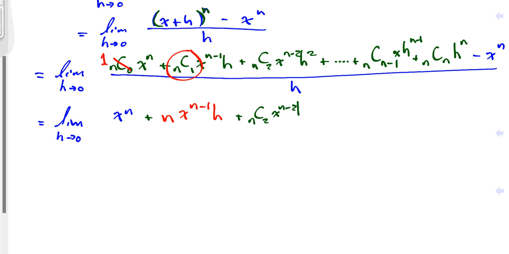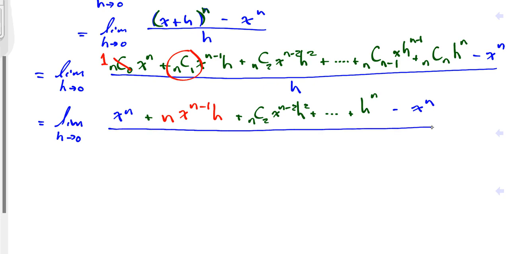X to the n minus 2, h squared, plus all the stuff. And then I'll just do the last term. Oh, what's n choose n equal to? Also 1. So I just have h to the n as my last term, minus x to the n all over h. Good? Everything making logical sense, which is math.